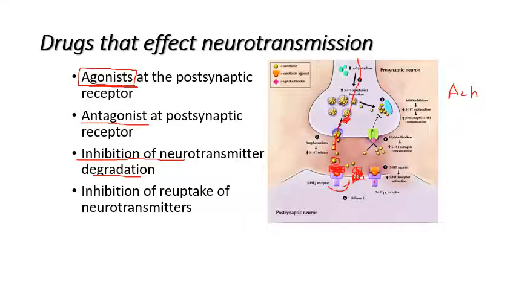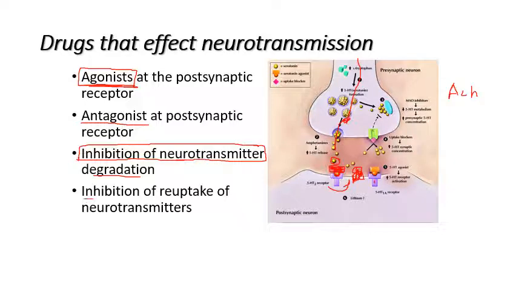If we blocked the degradation of acetylcholine, then at the acetylcholine receptor we would have increased acetylcholine transmission. If we inhibited the breakdown, the neurotransmitter would stay in the signal for longer periods, and therefore we would increase the transmission of signaling at the synapse.